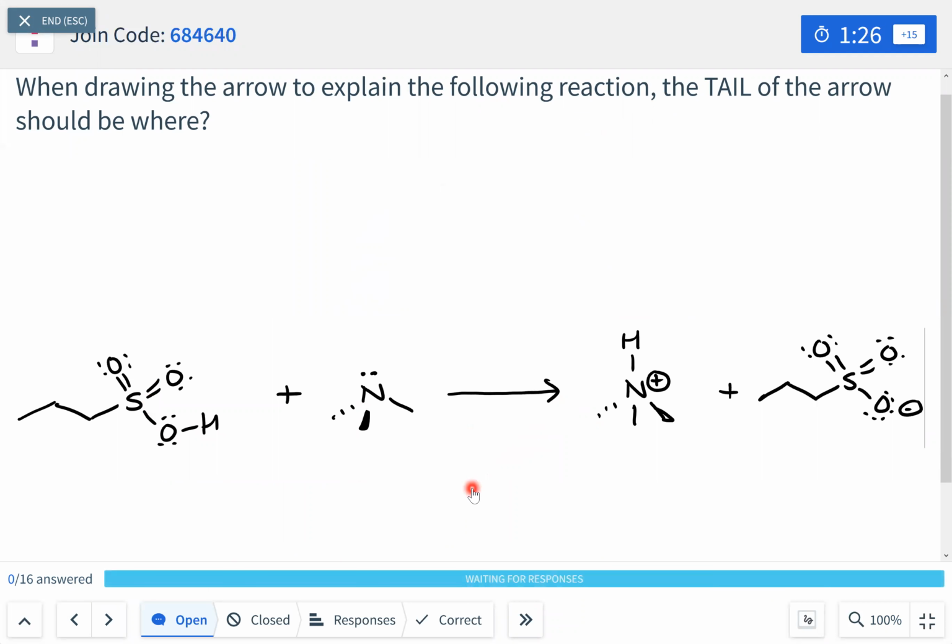Here's the overall reaction which is taking place. This is a click on the target one.